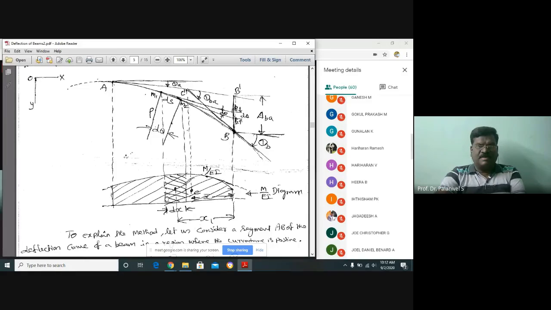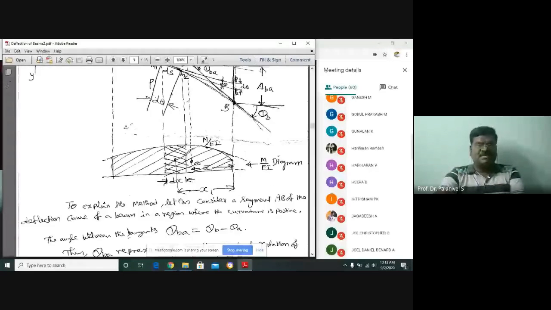I am projecting this vertically; in the horizontal direction the distance is ds. So M by EI into dx is nothing but the shaded area here on the bending moment curve.